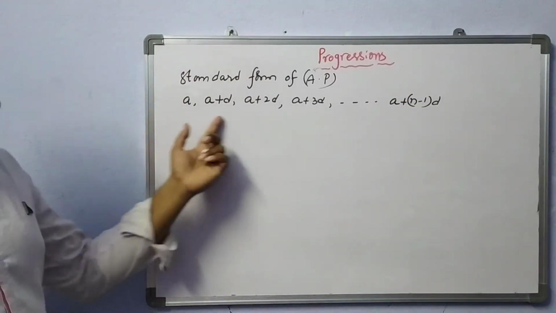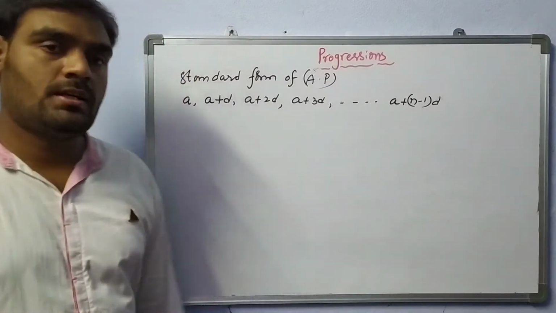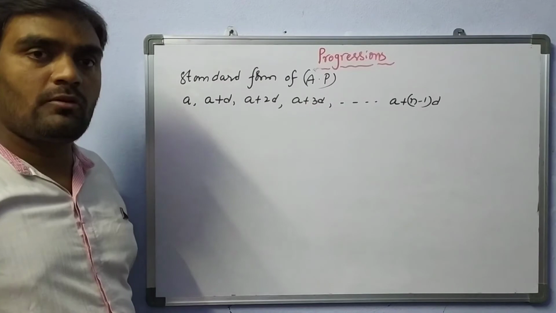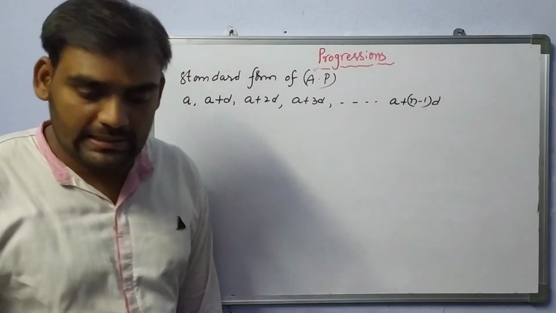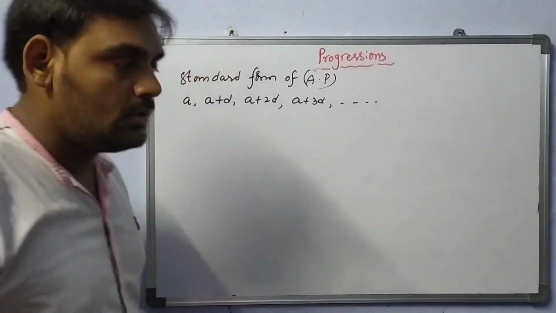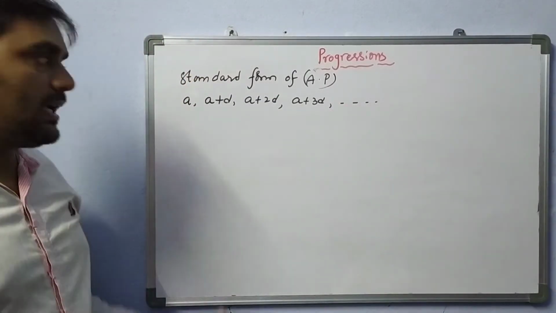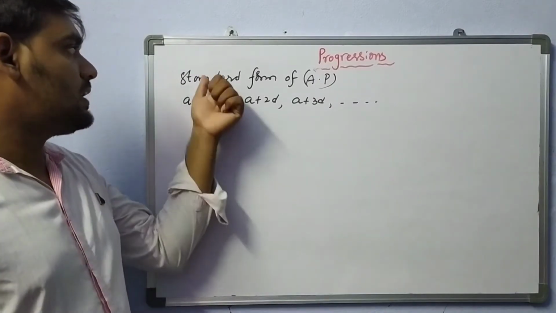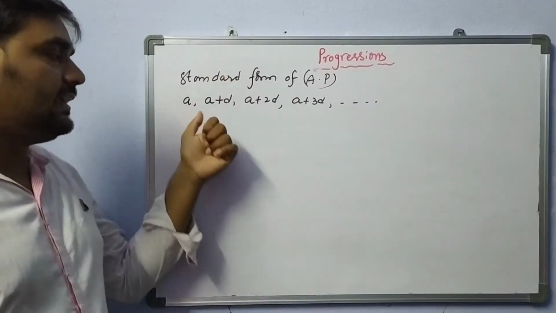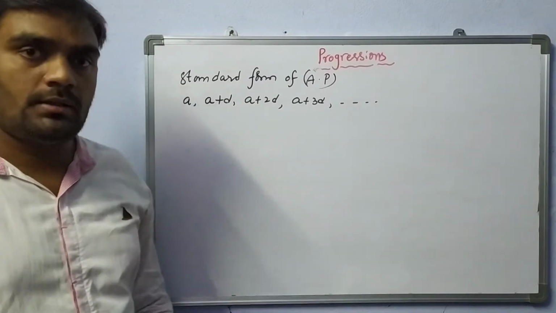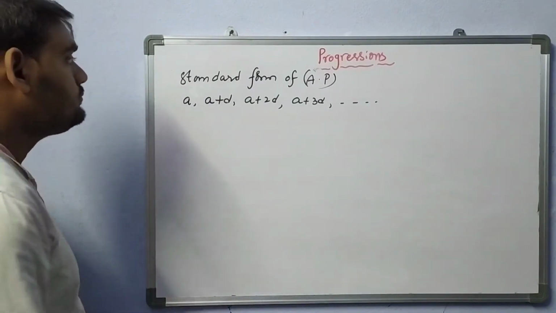This is the standard form of arithmetic progression. When we know the last term, that is a finite arithmetic progression. When we don't know, that is an infinite arithmetic progression. Suppose if I remove this one, here we don't know the last term. At that time, this is an infinite arithmetic progression. So the standard form of AP will be like this: a, a plus d, a plus 2d, a plus 3d and so on.